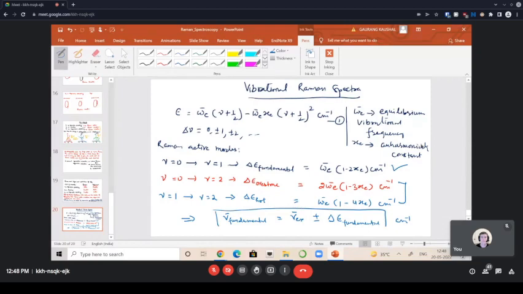Okay, this minus sign represents the Stokes lines, and the positive sign represents the anti-Stokes lines.